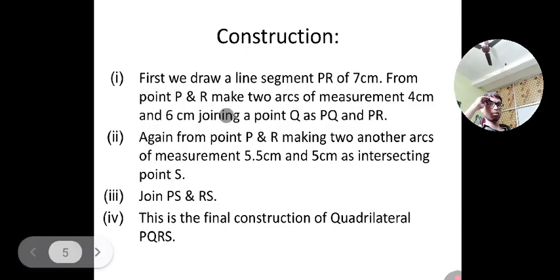The intersecting point should be S. Join PS and RS. This is the final construction of quadrilateral PQRS.